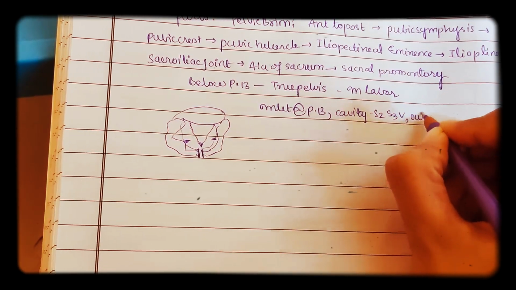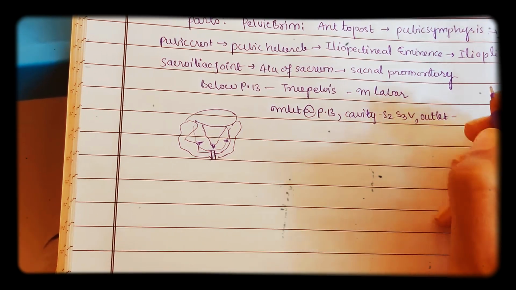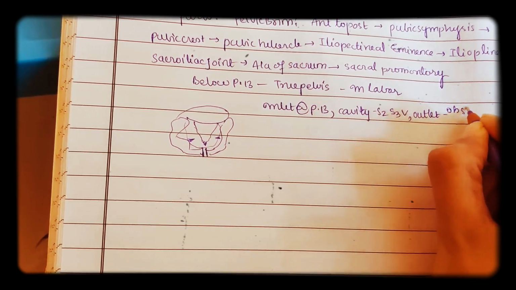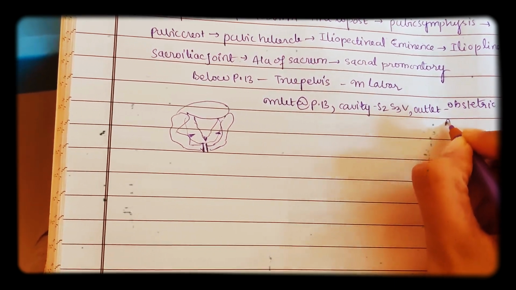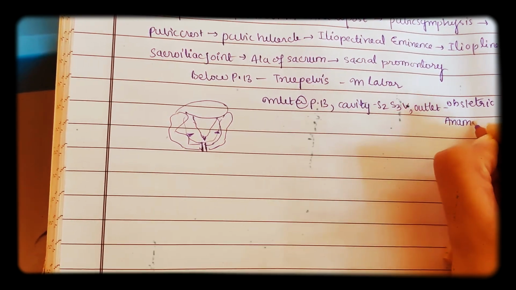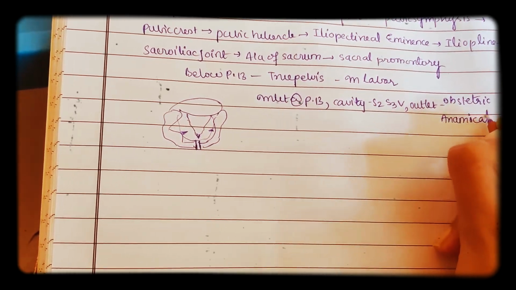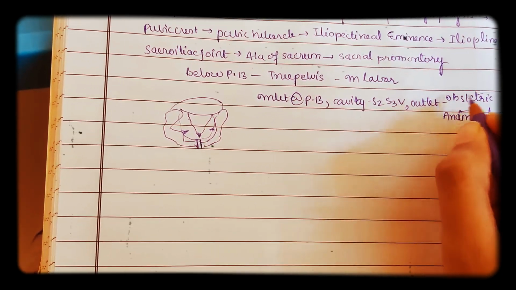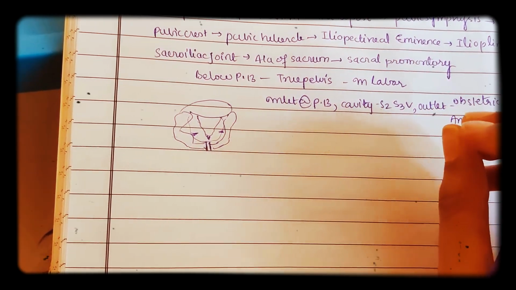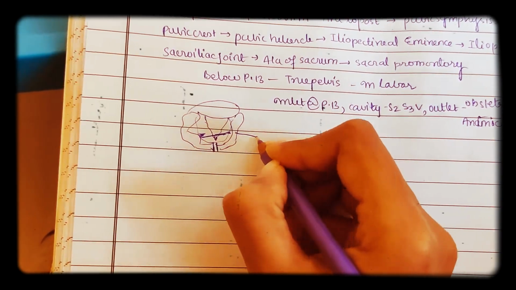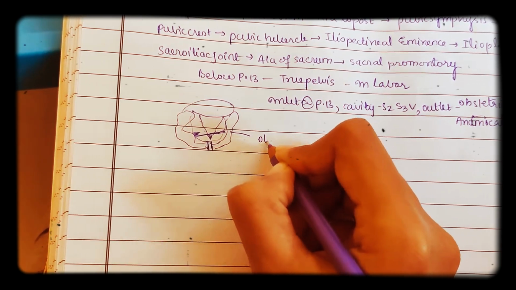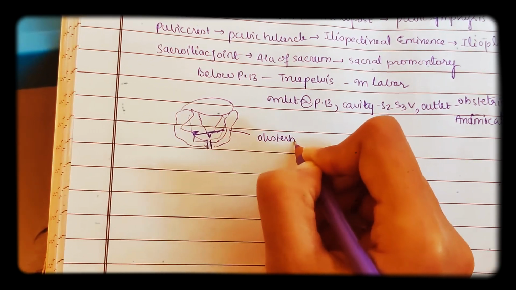Coming to outlet, it is divided into obstetric outlet and another one is anatomical outlet. Obstetric outlet lies at the level of ischial spine. You can see here this is ischial spine, so at this level you will have the obstetric outlet.